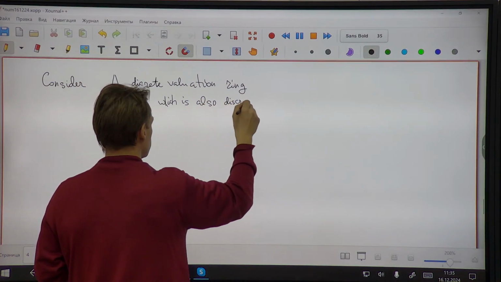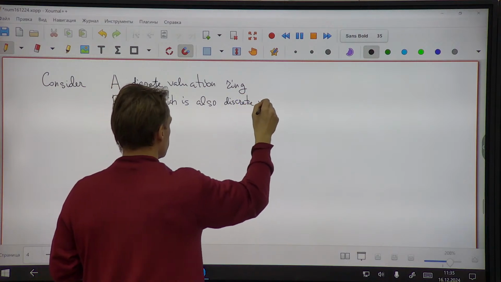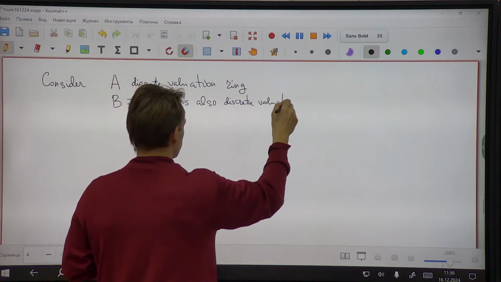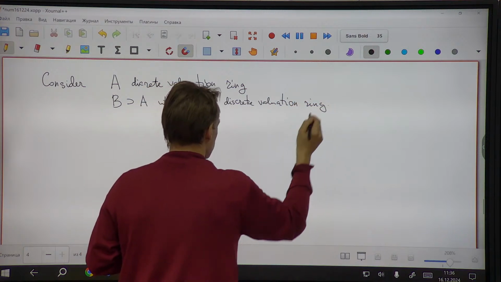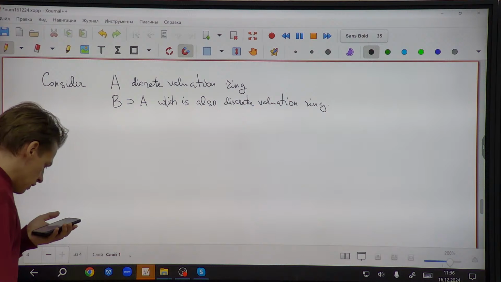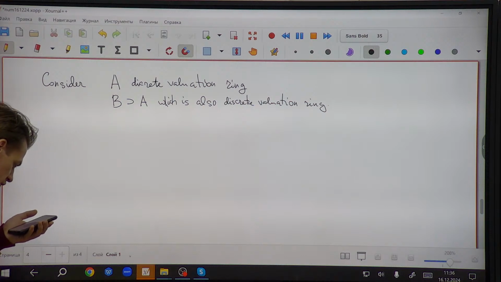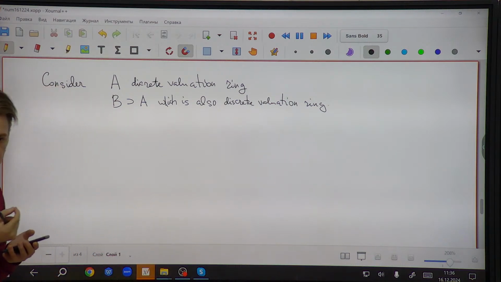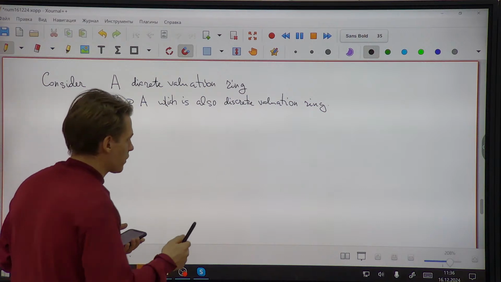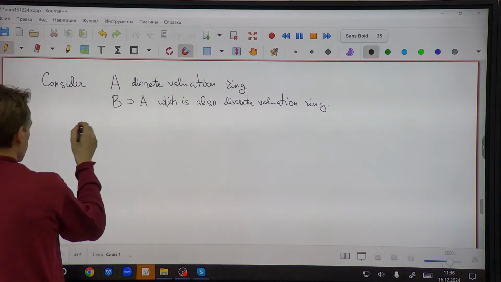And we shall assume the following: since this is a discrete valuation ring, there is only one ideal lying over our fixed maximal ideal.